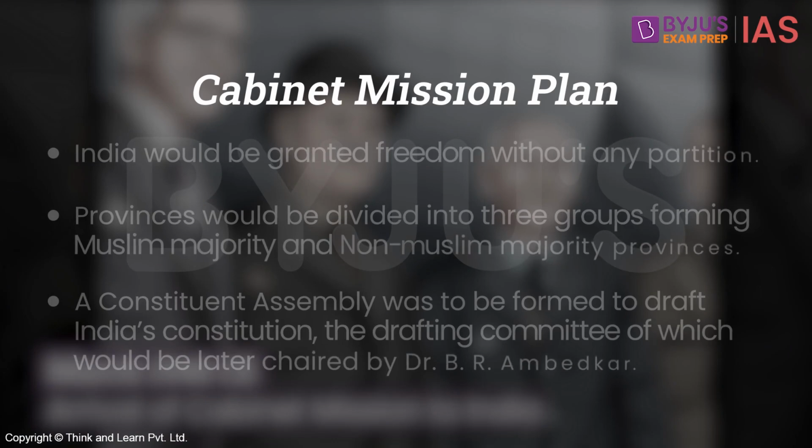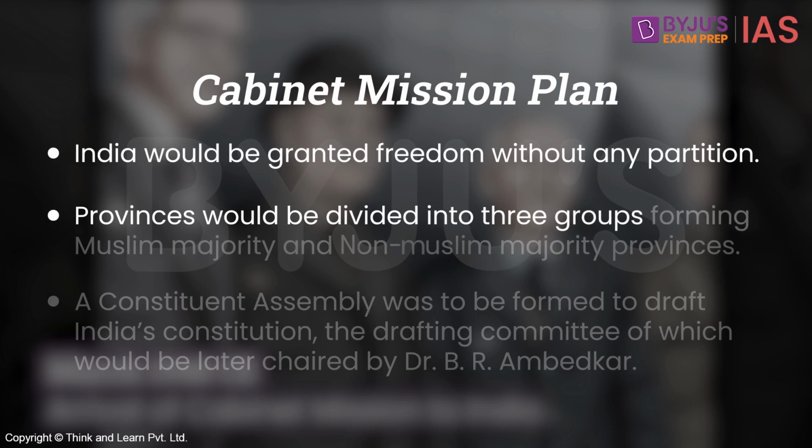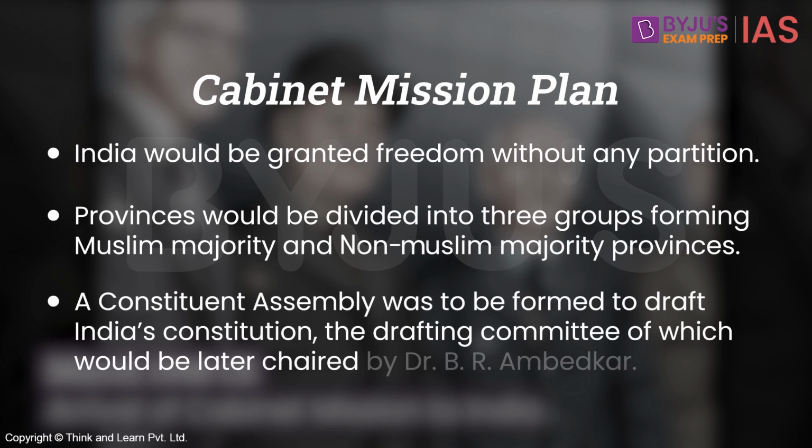As per the plan, India would be granted freedom without any partition, and the provinces would be divided into 3 groups, forming Muslim majority and non-Muslim majority provinces. A constituent assembly was also to be formed to draft India's constitution, the drafting committee of which would later be chaired by Dr. B.R. Ambedkar.